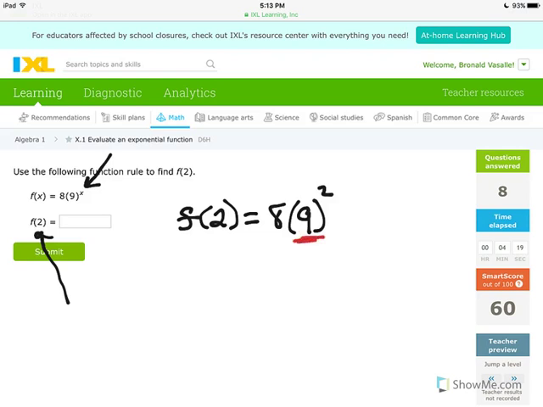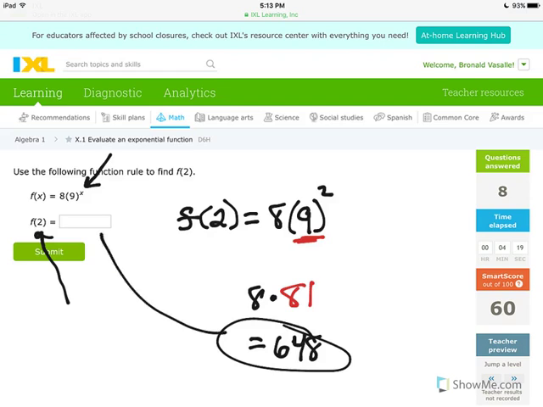So this will become 81 times the 8 that we had at the beginning. So we have 8 multiplied by 81, and that should get you a final answer of 648. And you just want to type that into the answer box.